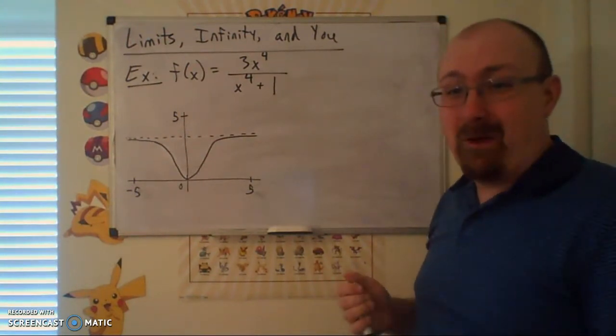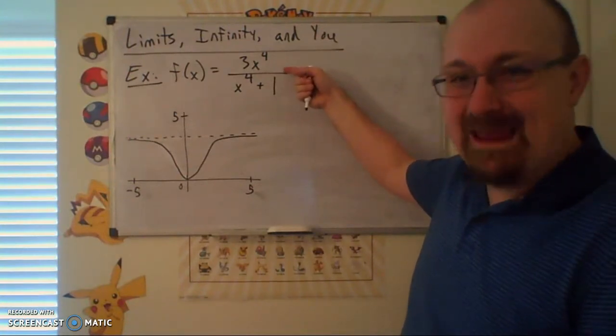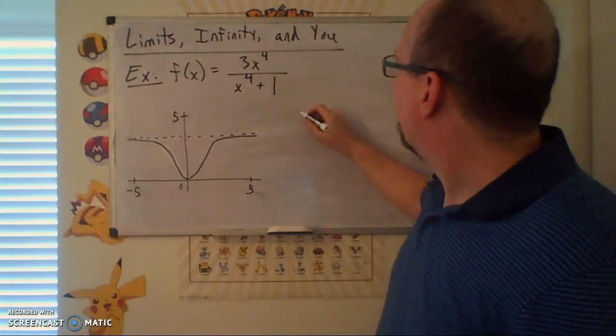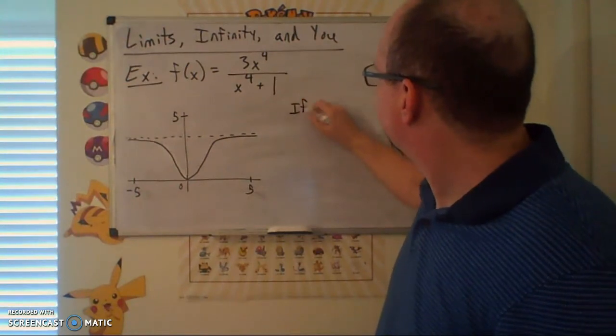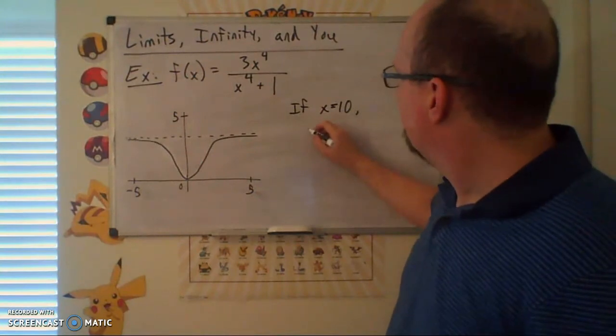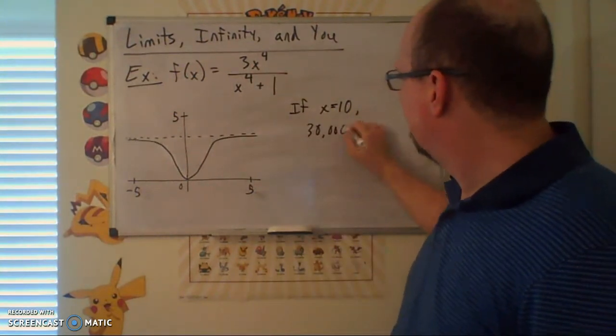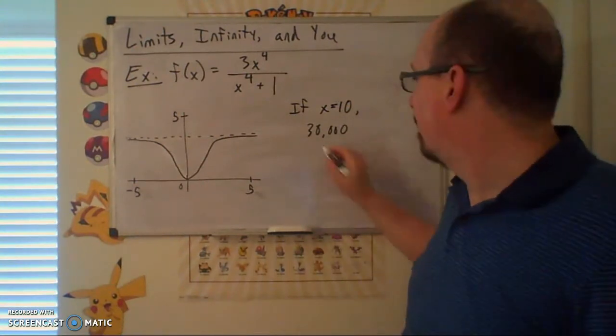If you tried playing around with a number here, let's just plug in, say, x equals 10. If x is equal to 10, 3 times 10 to the 4th is going to be 30,000 up in the numerator.